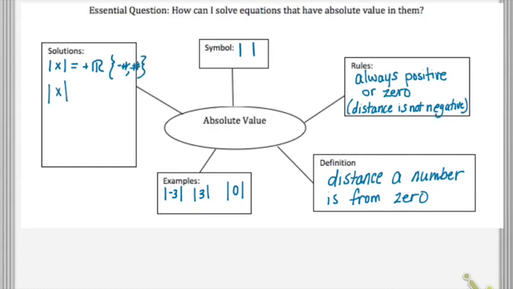If the absolute value of something is equal to a negative real number, then you have no solution, or the empty set. Or if the absolute value of x is equal to 0, then the solution would be 0. So an absolute value equation is going to either have two solutions, no solution, or a solution of 0. Those are our only choices.